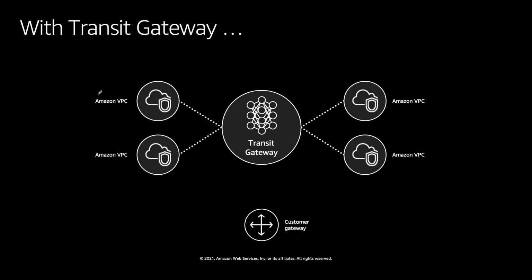Similarly, for on-premise, you can again use the VPN connection, and the customer gateway remains as it is, but now it doesn't need different connectivity to different VPCs. It can just talk to the transit gateway, which will route the traffic across all the different VPCs as needed. Similarly with Direct Connect. Basically, all that mess created by VPC peering goes away because of the transit gateway.